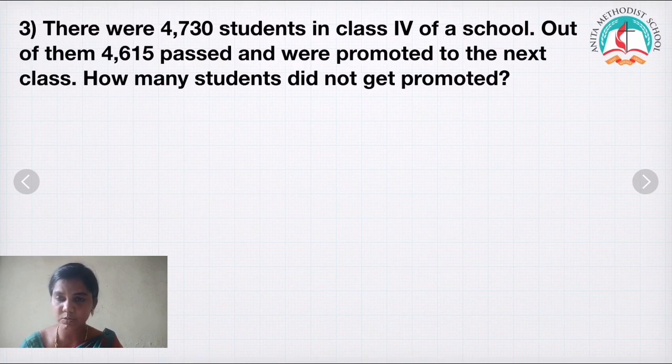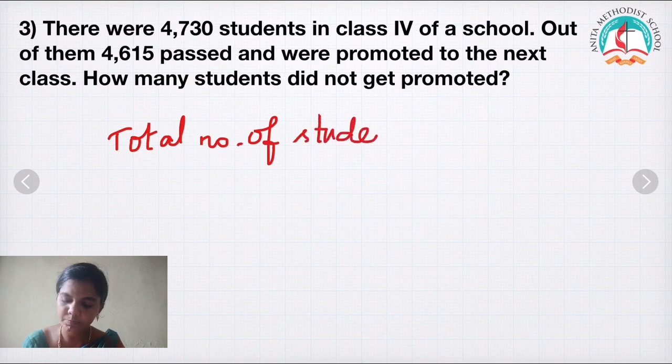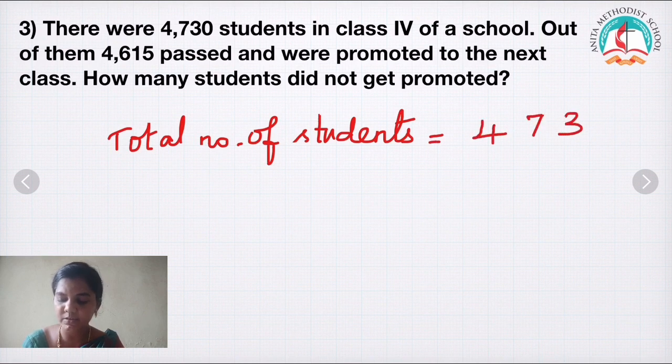So first we need to write the statement. So total number of students equals to 4,730. Okay, so now we need to write the number of students who were promoted.